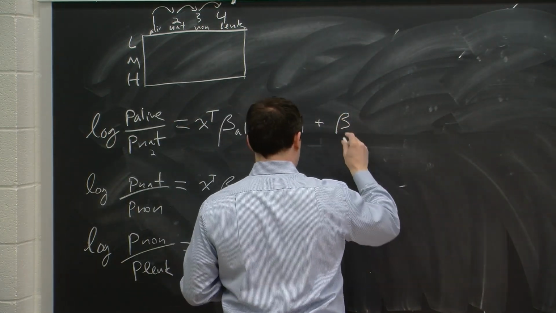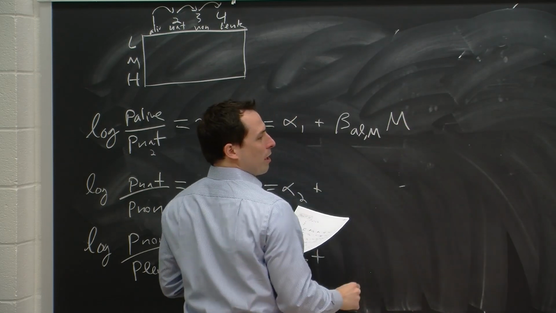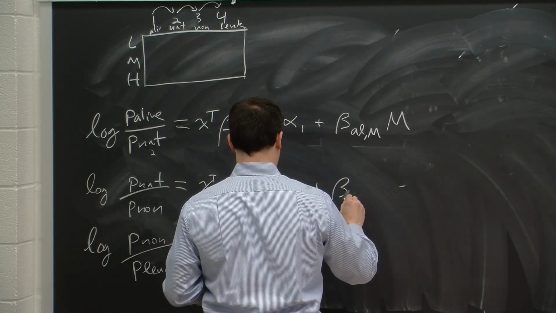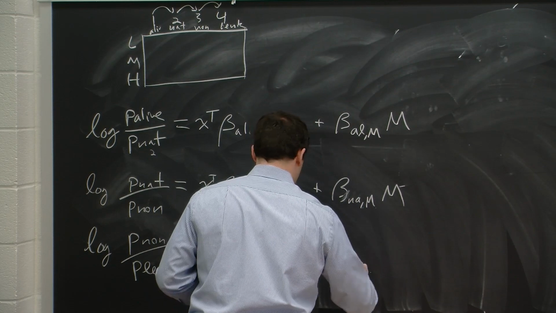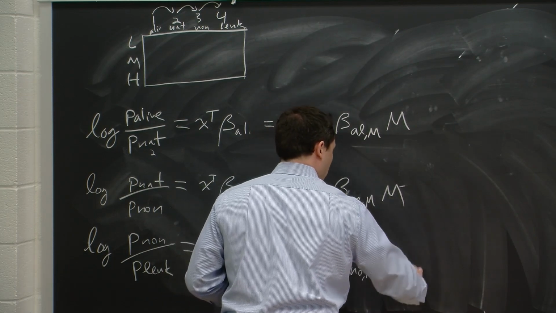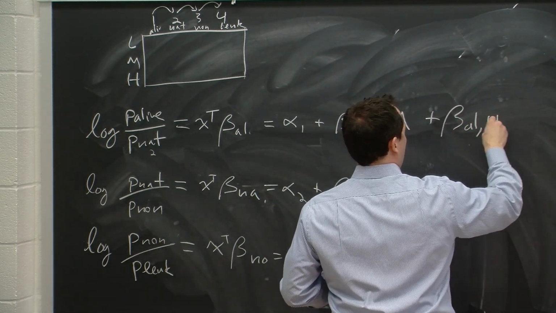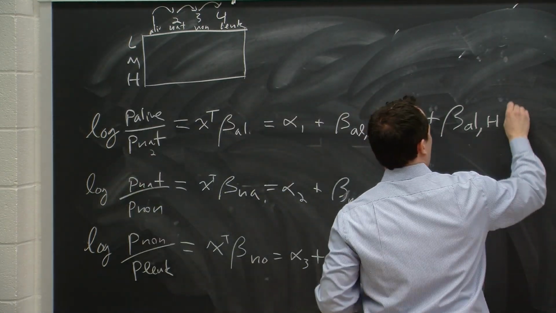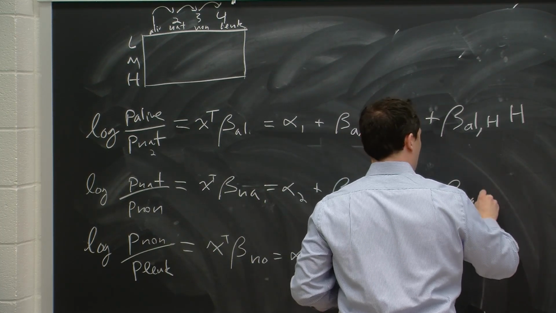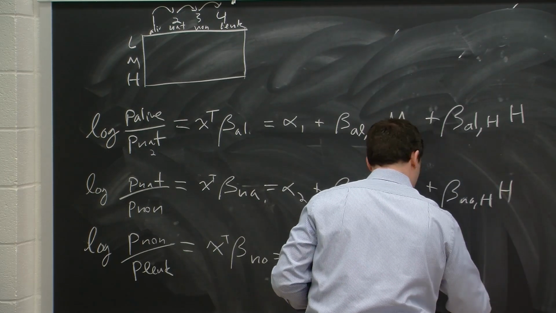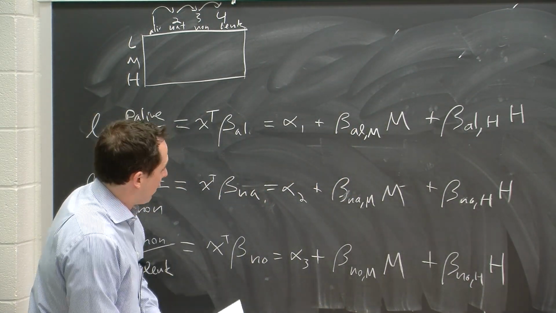And then we have a beta alive M, dummy variable for M, beta natural M, dummy variable for M, beta non M, dummy variable for M, beta alive high, so this is supposed to be radiation exposure, dummy variable for H, beta natural H, dummy variable for H, and beta non-leukemia H, dummy variable for H. So that would be our full model.